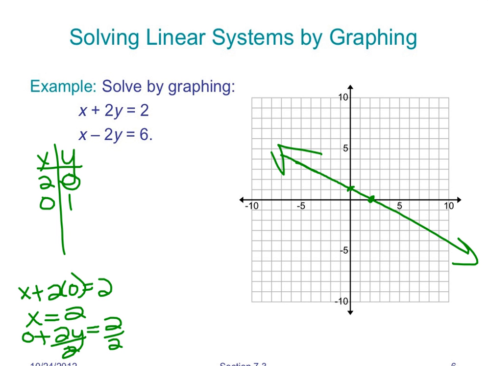Now I have to graph the second equation. Again, it's in standard form, so I'm going to repeat the process. I'm going to plug in 0 for y. Two times 0 is 0. I get x equals 6. Now I'm going to plug in 0 for x.